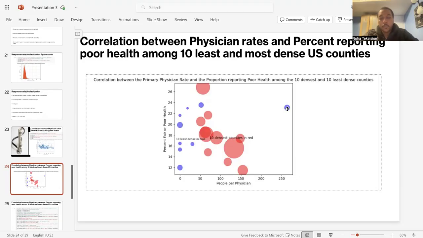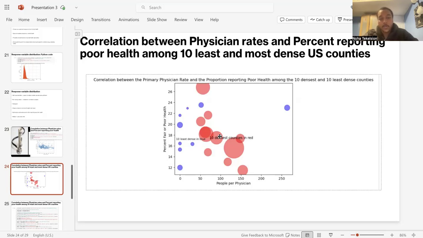They believe their health to be poorer than the majority of the other least dense counties. But really, there doesn't seem to be a trend. Where there's more of a trend is for the most dense counties, a downward sloping trend again.